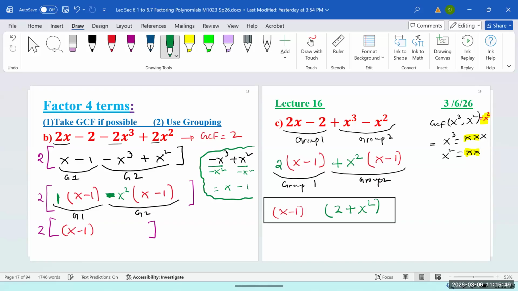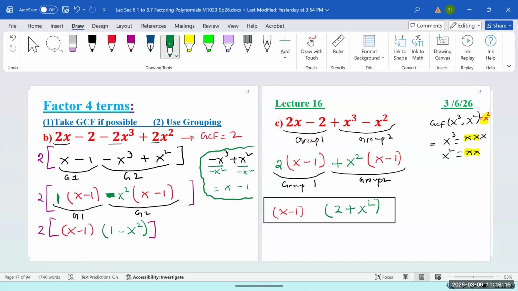Then what do we have in the first group? 1, and the second one is x squared. Any question? Now, 2 is already factored out. It has nothing to do. And x minus 1, they have nothing in common. So we're not going to worry about that.